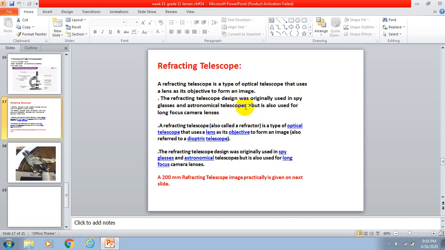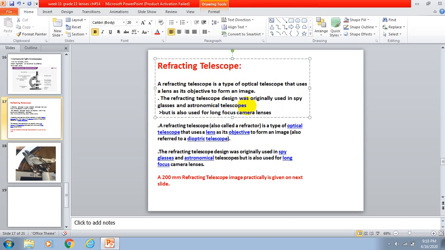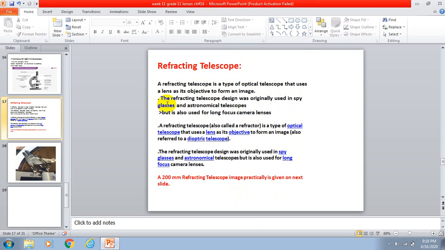By the way, the refracting telescope is used for high magnification. And for long distances, you can use this for astronomical purposes, trying to study astronomy, the movement of different orbits, Venus, the ozone layer, and all those things, understand.